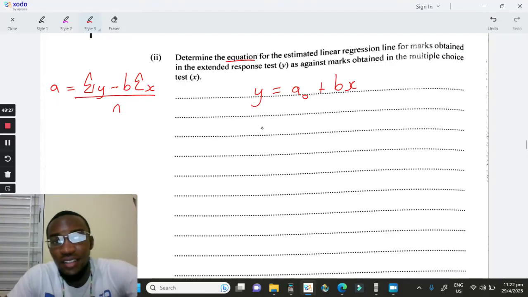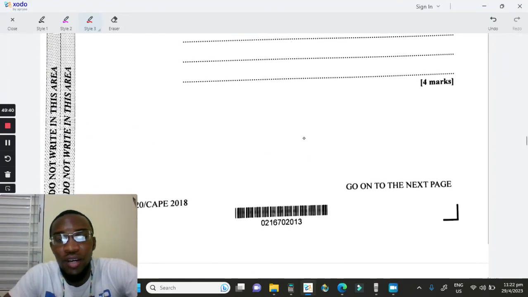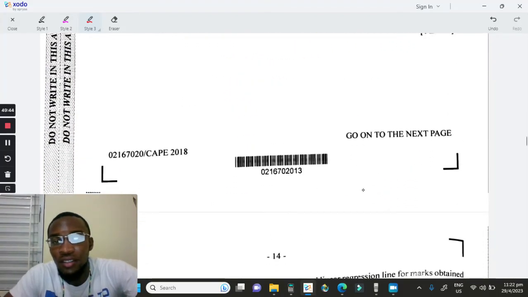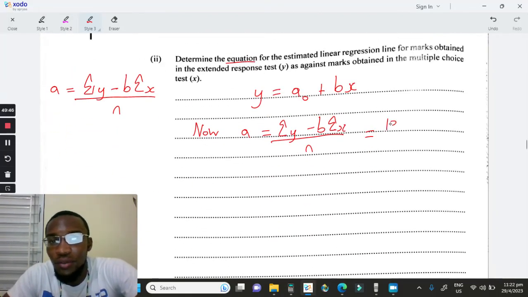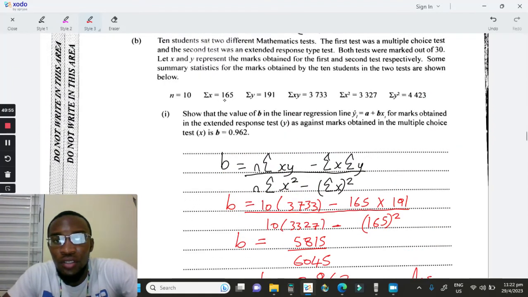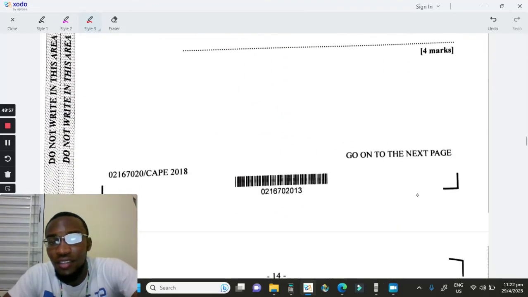So now put that in: the sum of y, 191, minus b, which is 0.962, times the sum of x, and the sum of x was 165, over 10.